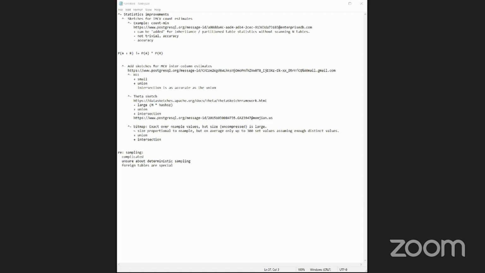Yes, I thought about that as well, but the main point of using the HLL was, at least at that point, that you can accurately combine them.